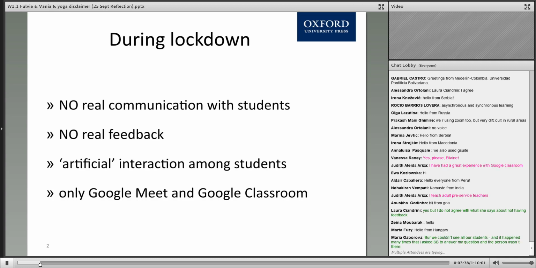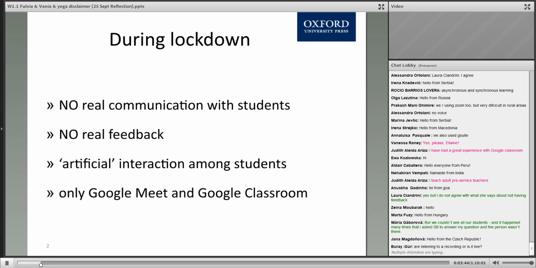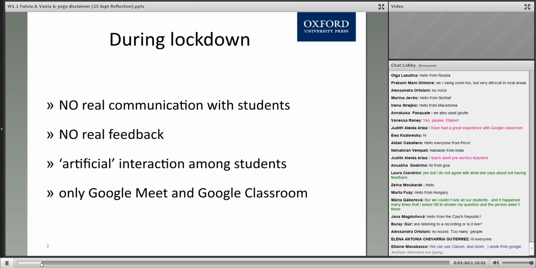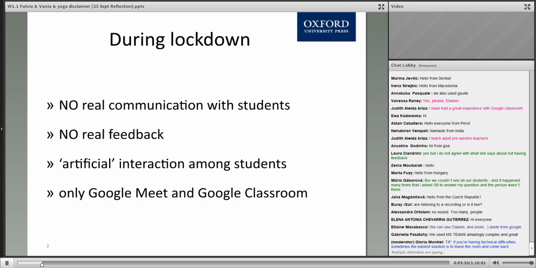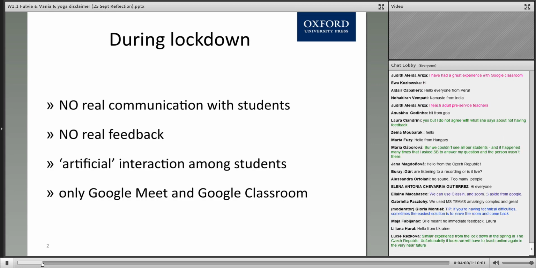I think that Google Classroom also helped me with the biggest problem. The Italian teachers know that in Italy we have to give a number to assess all the time. The students want it, the parents need it, and the head teacher told us that we had to assess in some way.